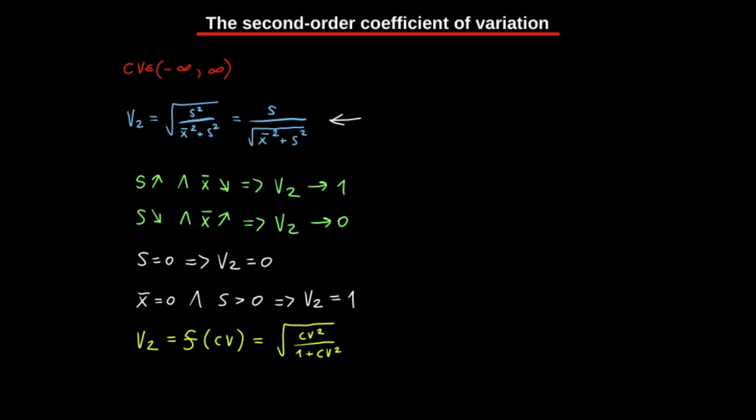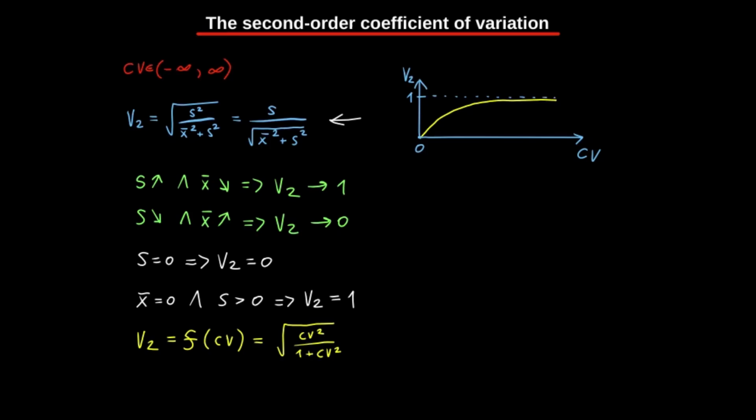This is useful because we can plot the second order coefficient of variation with respect to the ordinary coefficient of variation. The graph looks something like this. As the ordinary coefficient of variation increases, the second order coefficient also increases. That makes it a useful bounded alternative for describing relative variability in data.